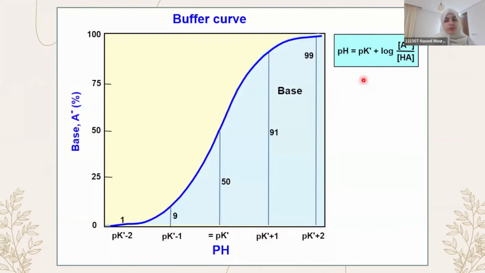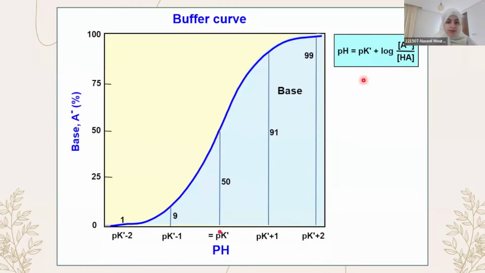Okay, now let's extrapolate this formula, this Henderson-Hasselbalch equation, into a buffer curve. All right? Here on the x-axis, we've plotted the pH, okay, and each difference is basically related to the pK, so either just pK, pK plus 1, minus 1, and so on. On the y-axis, we have the concentration of base.